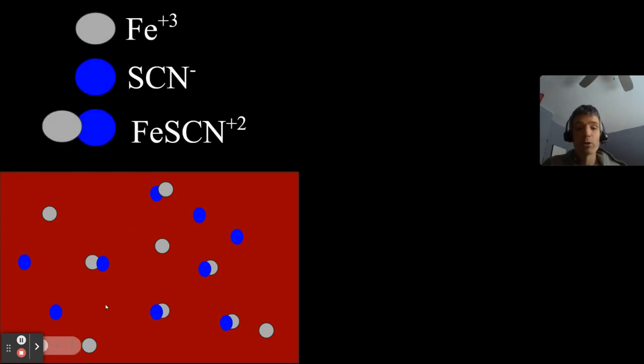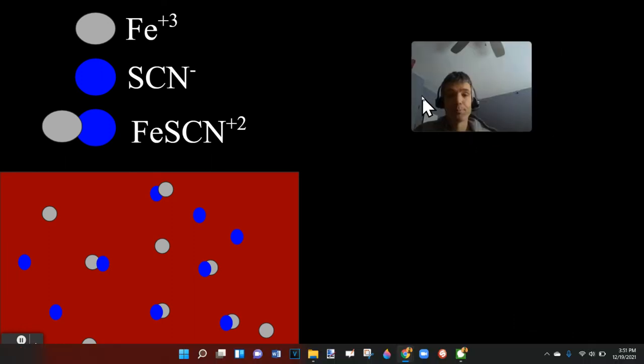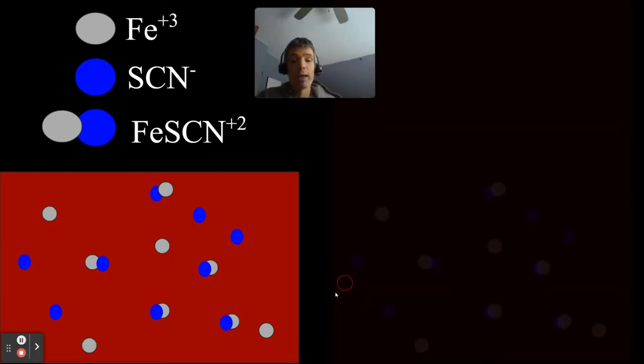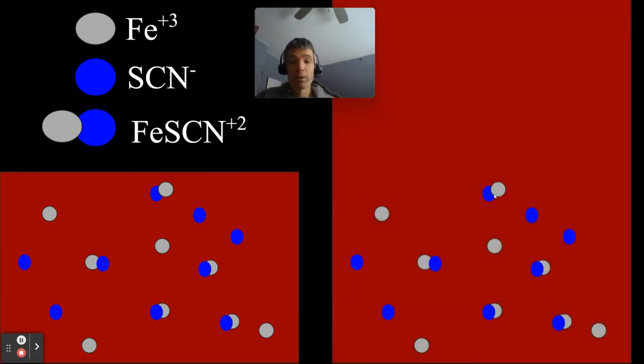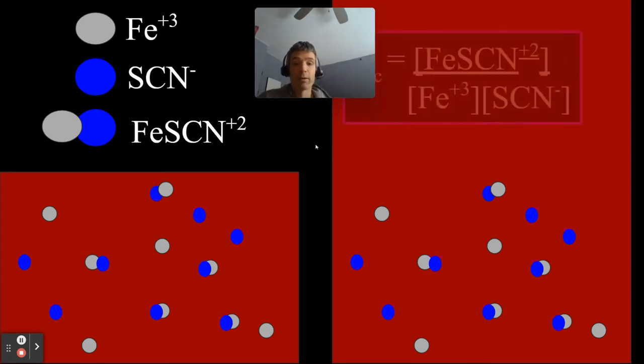Here's what they look like at equilibrium. And when I add water, the molecules are going to spread out. What the system wants to do is establish the same kind of concentrations that it had in lieu of the equilibrium constant.